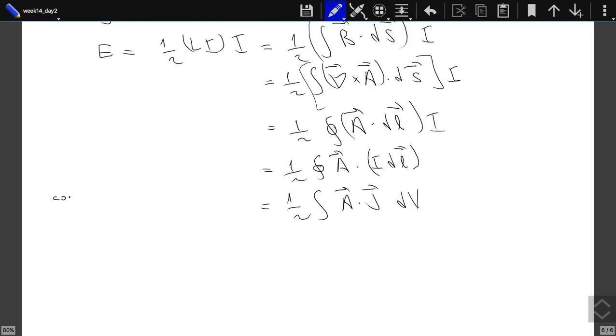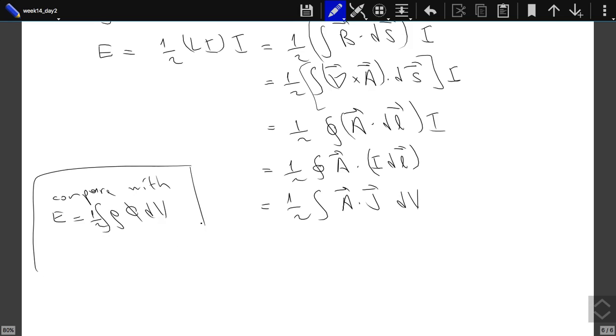You see, compare this with the electrostatic case. Basically, we have the same expression. Instead of the scalar potential, we have the vector potential. Instead of the charge density, we have the current density. So this was kind of motivating that expression, all these discussions. And this factor 1 over 2 is exactly the same factor 1 over 2 as over there.